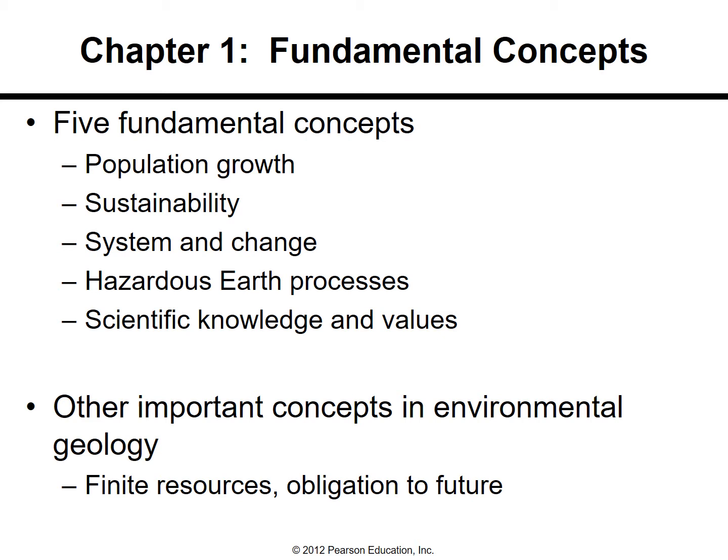So be sure to read all of the chapter. But I'm going to briefly try and outline 5 fundamental concepts from chapter 1 here. And those are population growth, define sustainability and consider what it would involve, look at the concept of systems and change, to look at hazardous earth processes, and finally to define what scientific knowledge and values are.